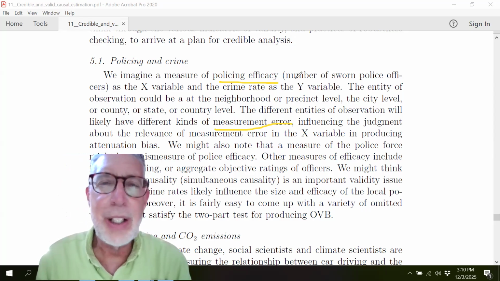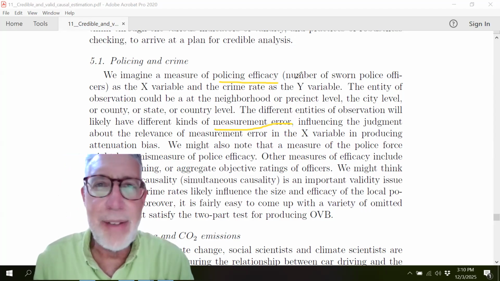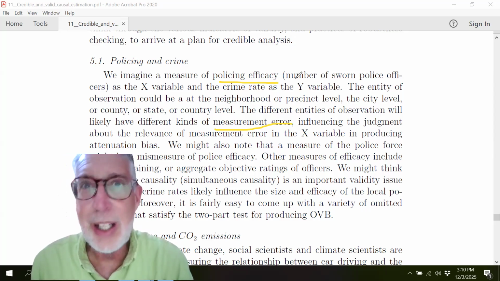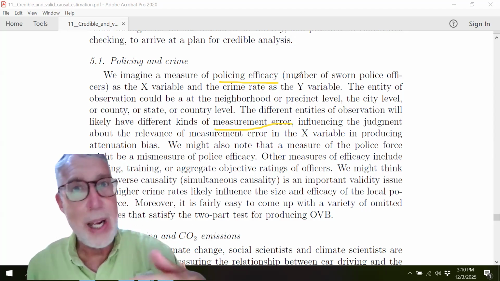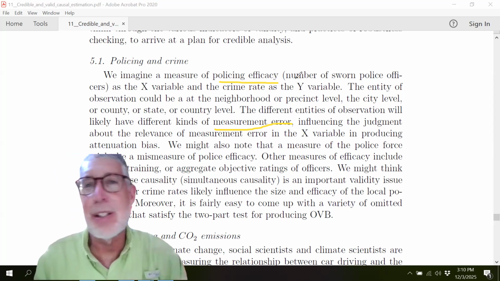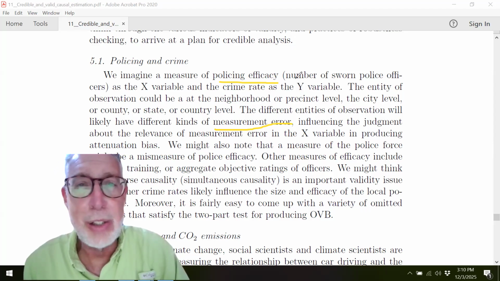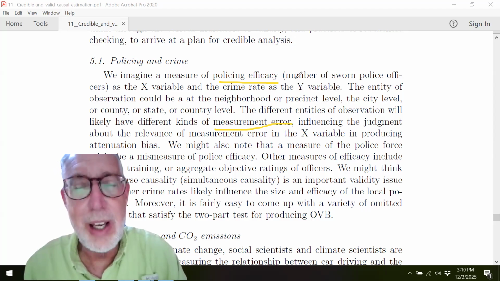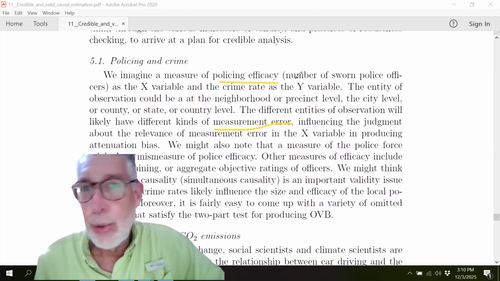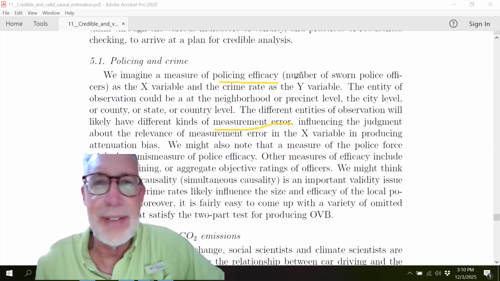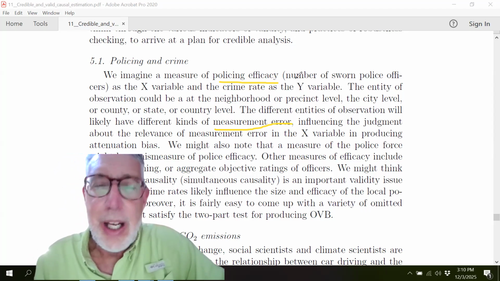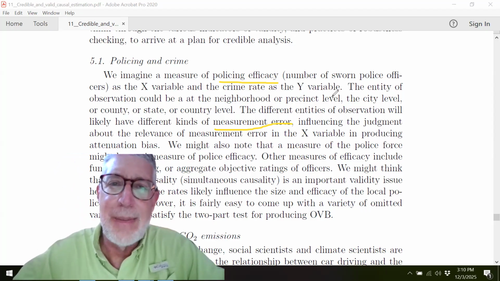So hiring a whole bunch of people who have no real qualifications to be police officers and who aren't trained, we might think actually leads to an increase in crime rather than a decrease in crime, because the police officers themselves, because they're not trained, or because they themselves are more likely to be prone to criminality through the selection process of the police officers, makes the situation worse off. So we'll have all kinds of measurement errors in this relationship.